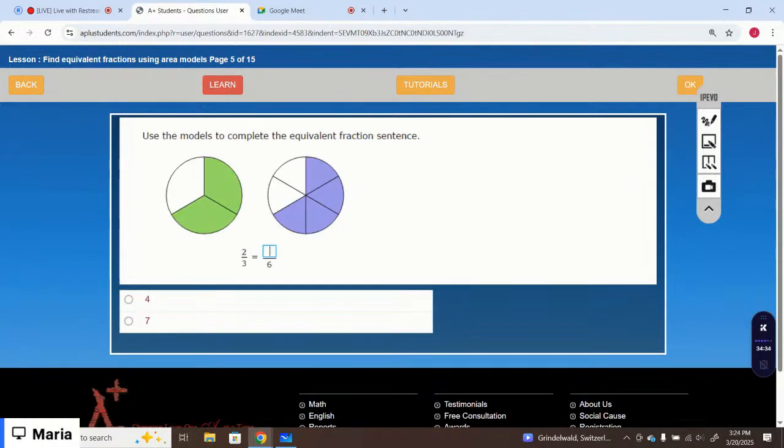Use the models to complete the equivalent fraction sentence. So which is the correct option?